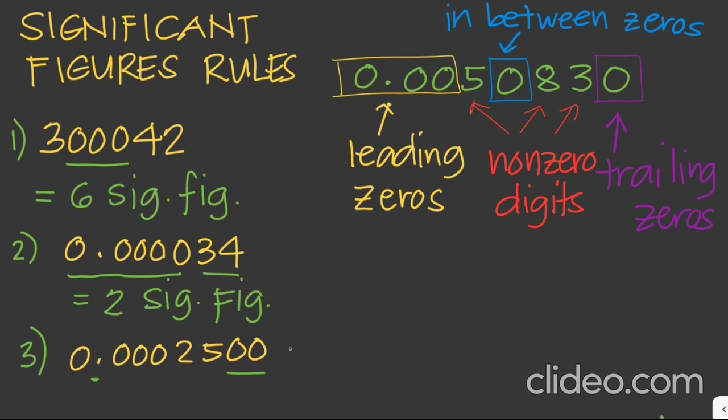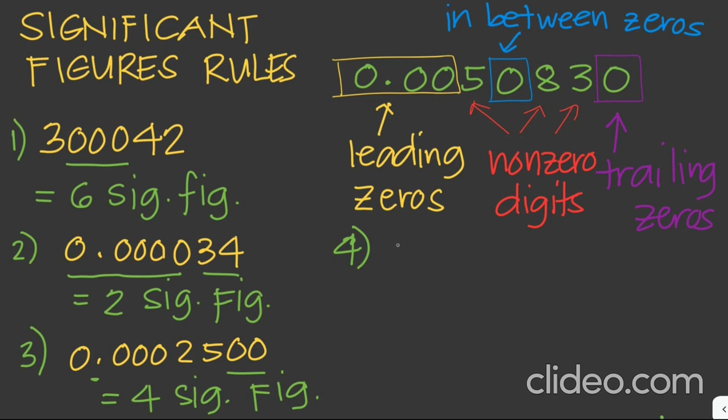Therefore, in this case, this number has 4 significant digits or significant figures. Then the next rule is trailing zeros may or may not count if there is no decimal point. So we go with the most conservative answer.